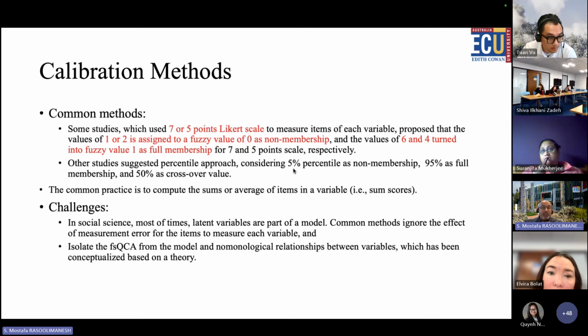But when we apply these common methods to calculate construct scores and calibrate our data, we also ignore this nomological relationship. So these are two challenges we can consider for common calibration methods.